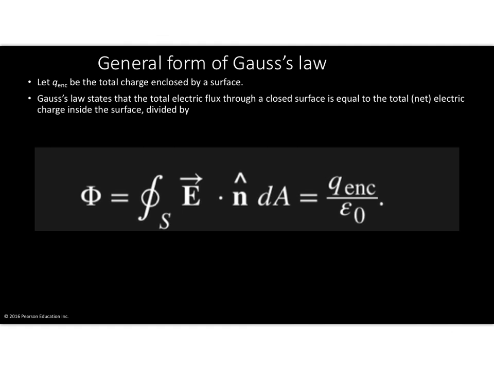Whenever we take a closed surface and we find the electric flux that passes through the surface, the total flux will be equal to however much charge I have enclosed over epsilon naught. What we'll do in class is we'll look at some applications of that and how we can use that to actually figure out electric fields. But that's going to be in class and in another video.